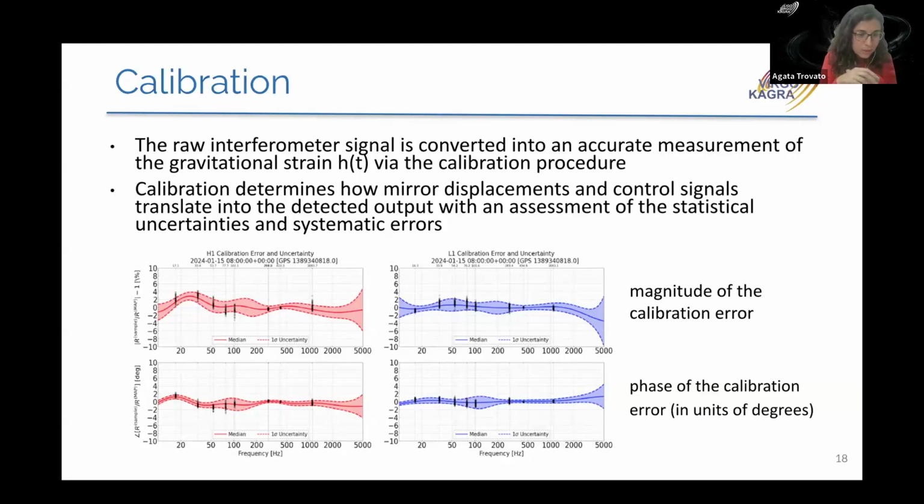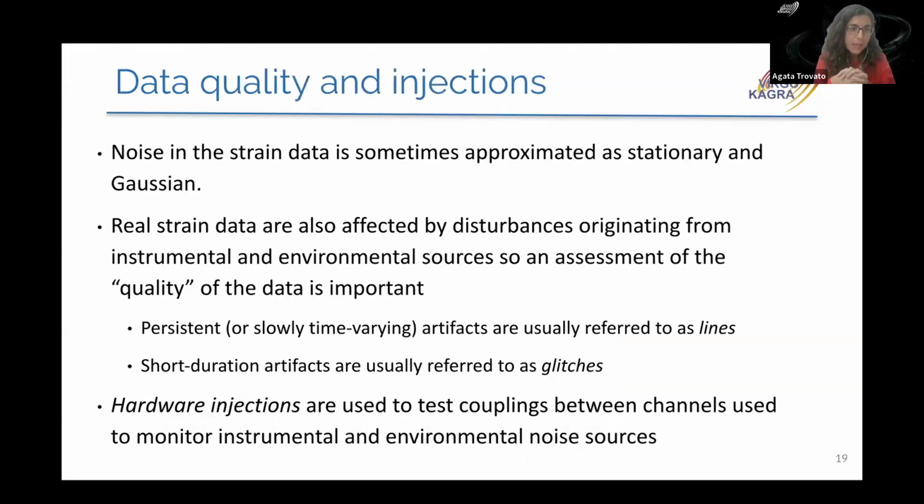The black dots are specific measurements done at very specific frequencies to check that the calibration procedure is done correctly. So there is a photon calibrator that moves the mirror to check what the output is and verify that our model is correctly used. Okay, you can go to the next slide.